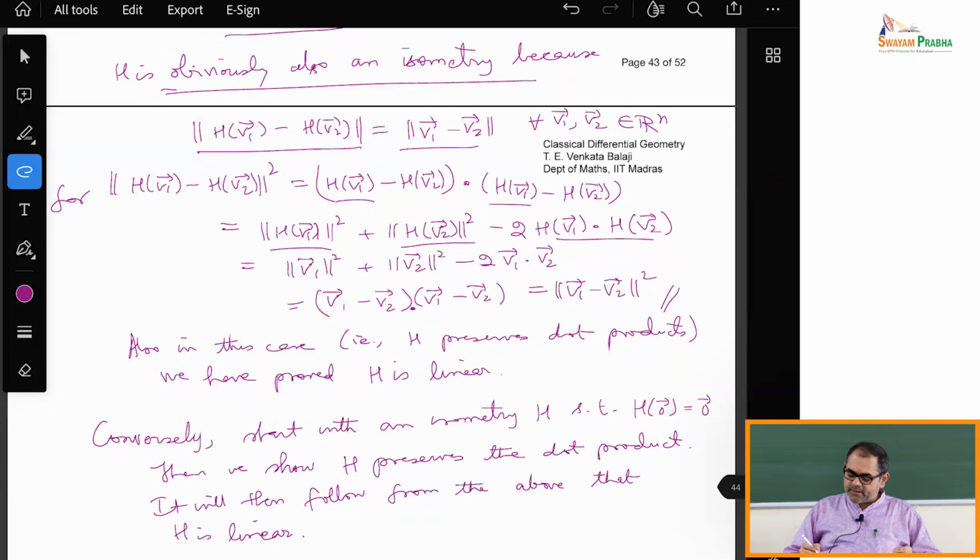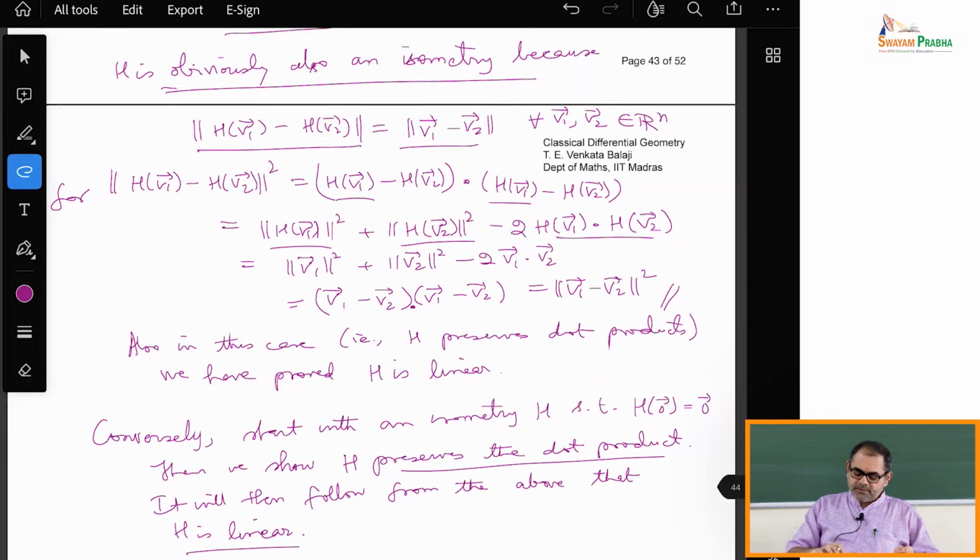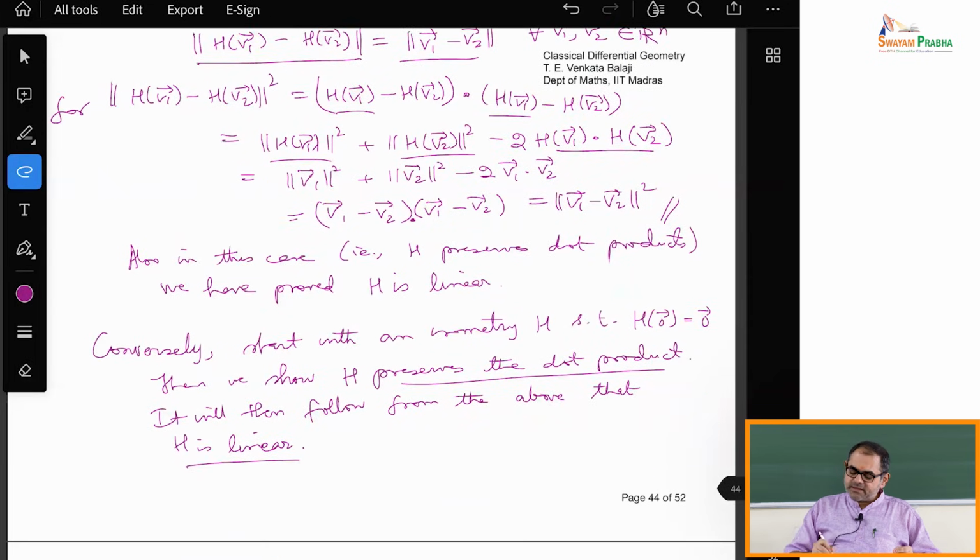Okay, because we have already proved that whenever H preserves the dot product, it's going to be linear, right? So you just have to start with an isometry H, so that 0 goes to 0, and you have to just show that the dot product is preserved.